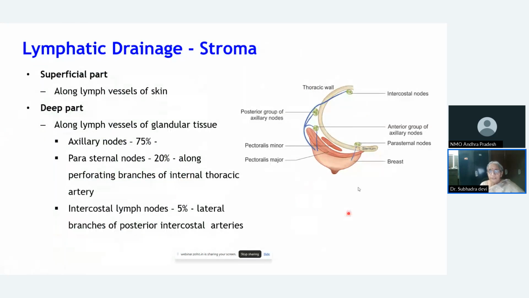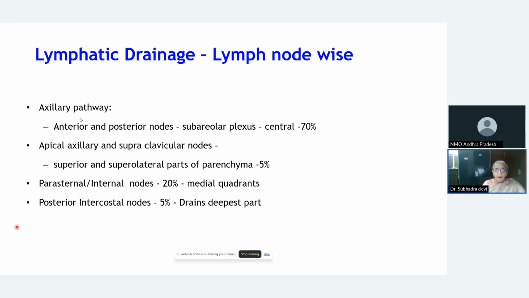So superficial stroma, superficial along the skin, deep. Here you remember: axillary lymph nodes, 75% of the mammary gland drains. Parasternal, 20%. Intercostal, only 5%. Another way of division is the axillary pathway, subareolar plexus center 70%, apical plus supraclavicular 5%, parasternal 20%, posterior intercostal 5%.